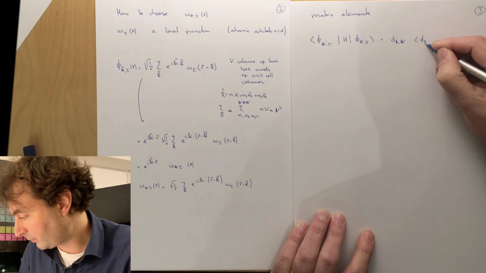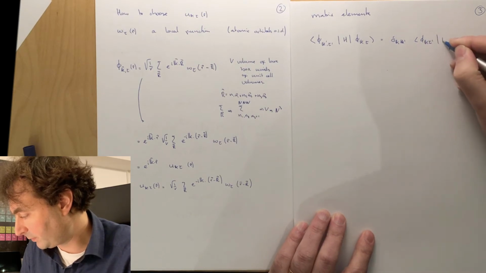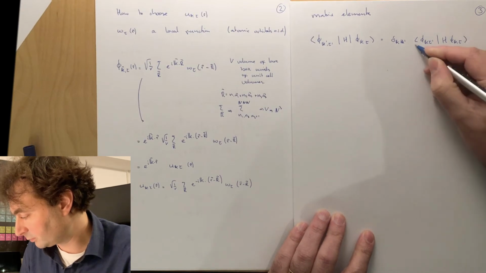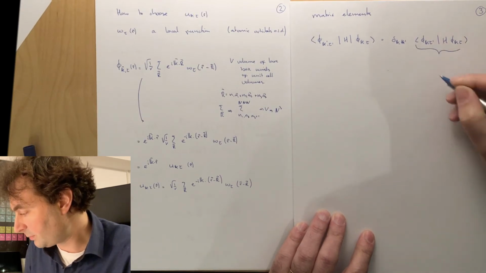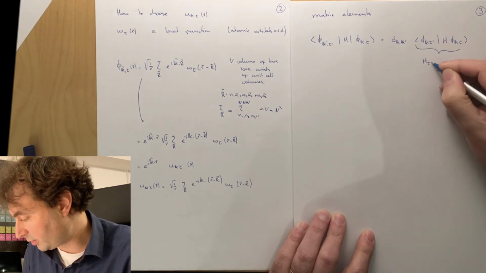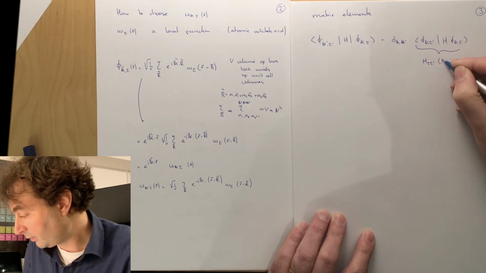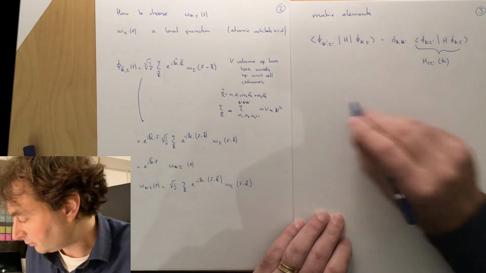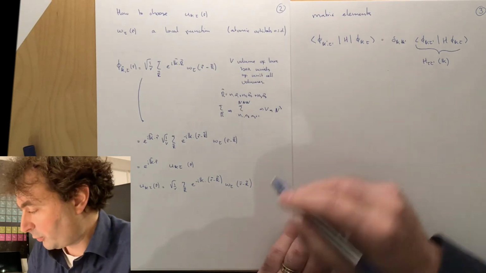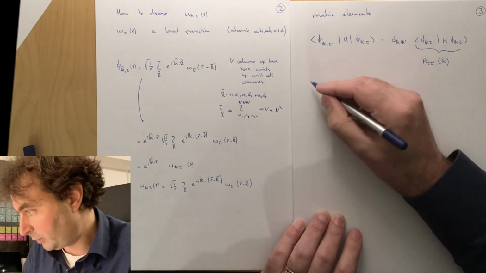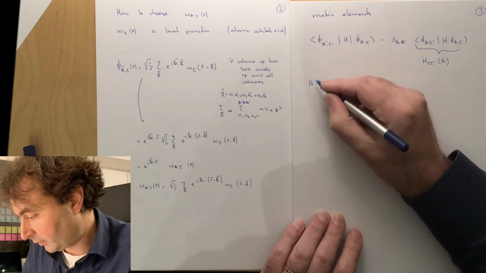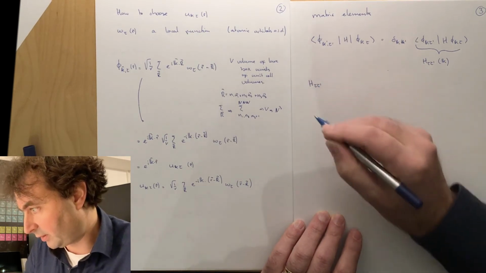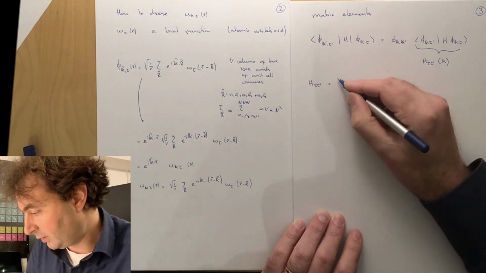Psi k tau prime, H, psi k tau. And this matrix element we will call H tau tau prime, which is a function of the crystal momentum. We will not always indicate that it is a function of crystal momentum, but it will be. So our Hamiltonian tau tau prime is given.